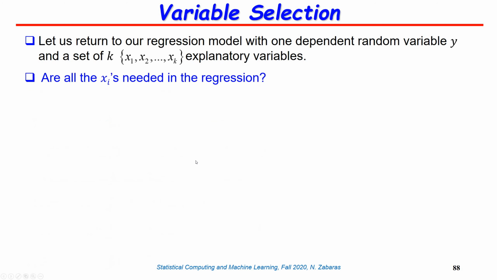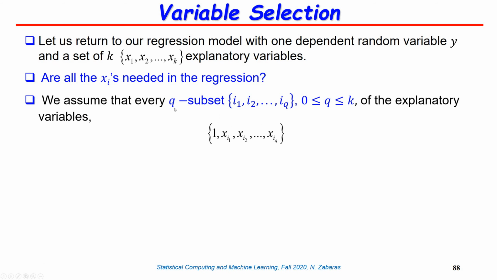So to answer that, let's consider a Q subset of these variables. So I'm going to take the subset to be defined by these indices i1, i2, iQ. So that's a Q subset. Of course, Q is greater than or equal to 0 and less than or equal to k. If I have this Q subset, I can affiliate with it the following input variables, x_i1, x_i2, x_iQ, and you notice I always include the bias term.